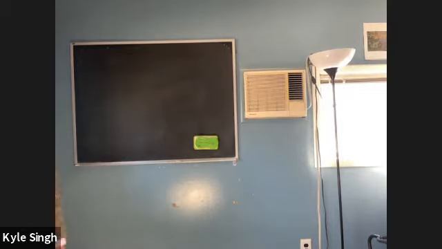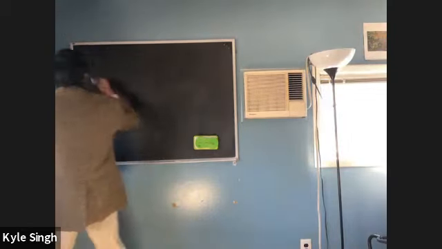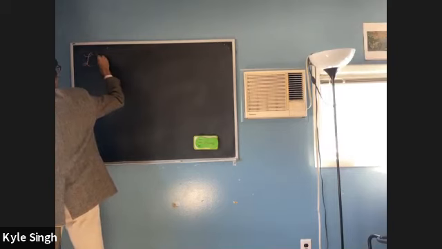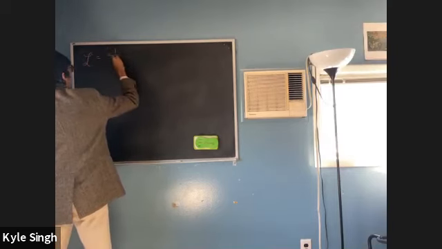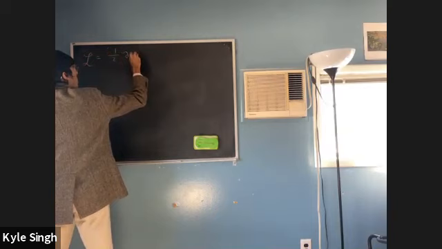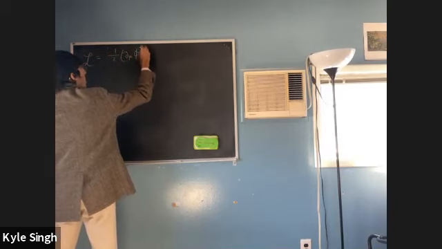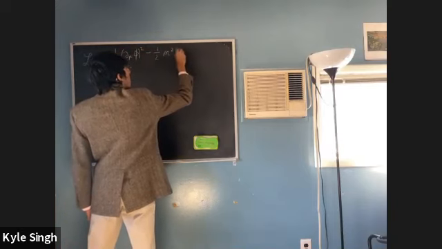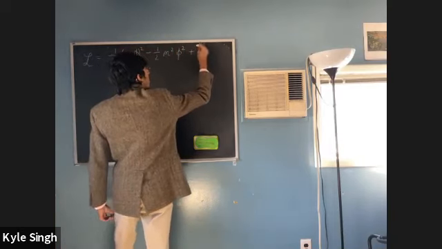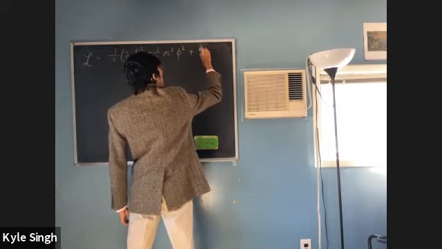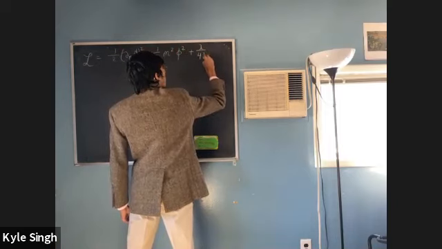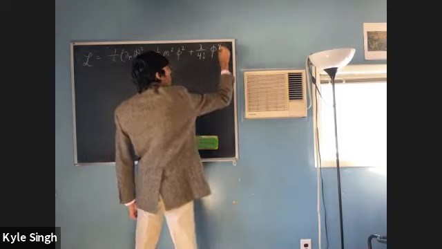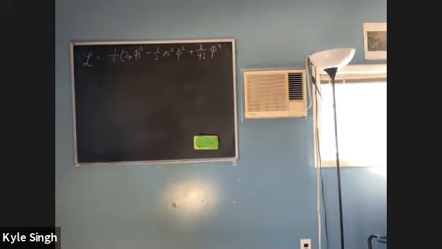Okay, so here's our most standard interacting theory. It's the Lagrangian: 1/2 (∂_μ φ)^2 minus 1/2 m^2 φ^2 minus λ/4! φ^4.